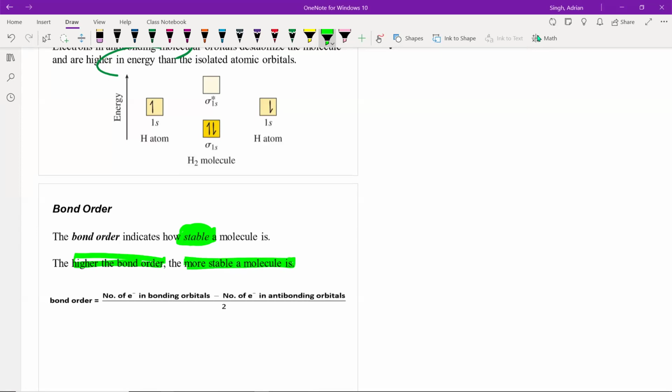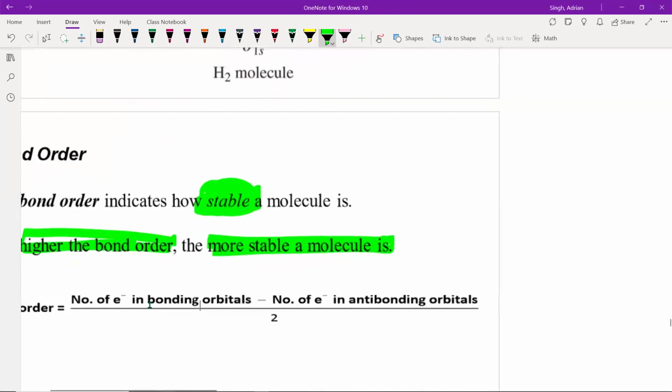And the bond order is a simple calculation. We're going to take the number of electrons in our bonding orbitals, subtract the number of electrons in the anti-bonding orbitals, and then whatever we get, we're going to divide that by 2.